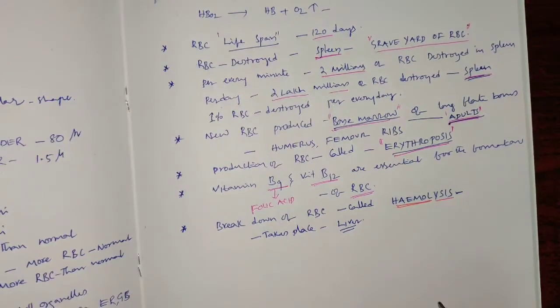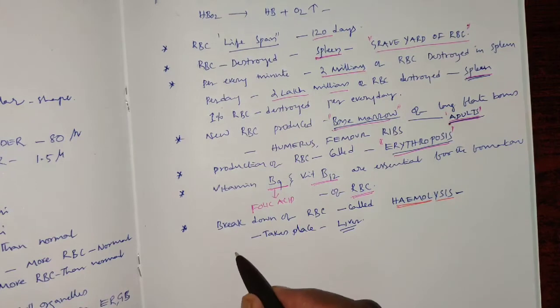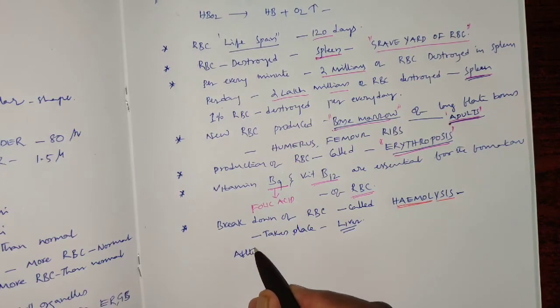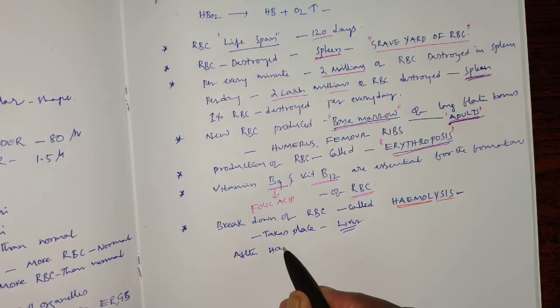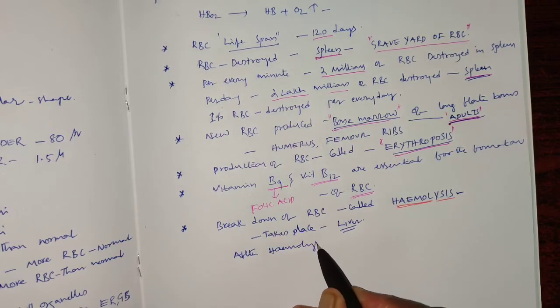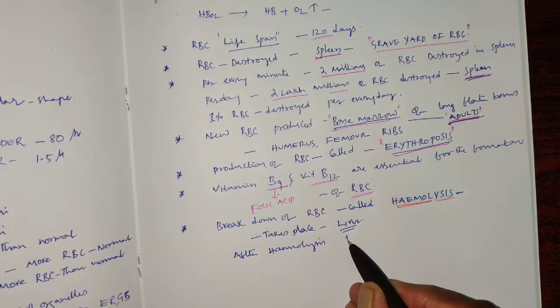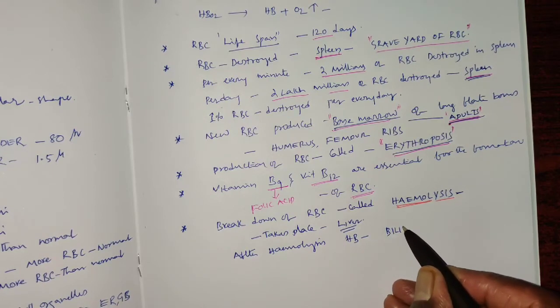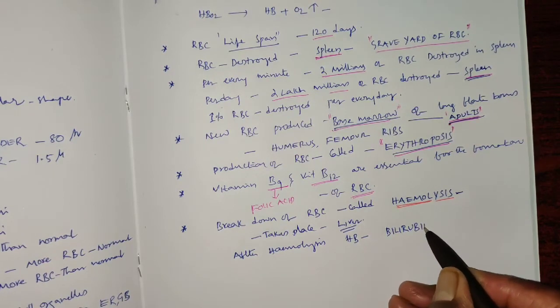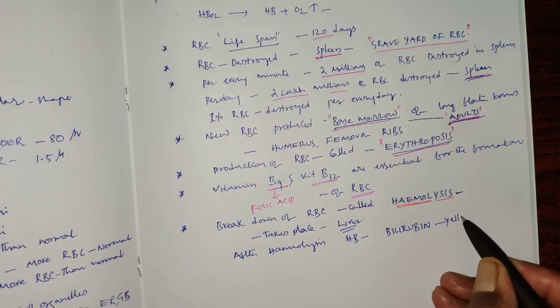After the hemolysis, hemoglobin is converted into a yellow-colored pigment called bilirubin.